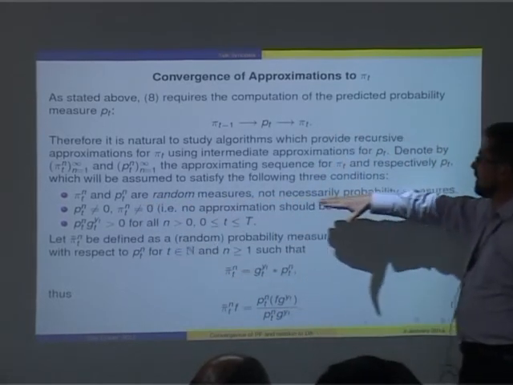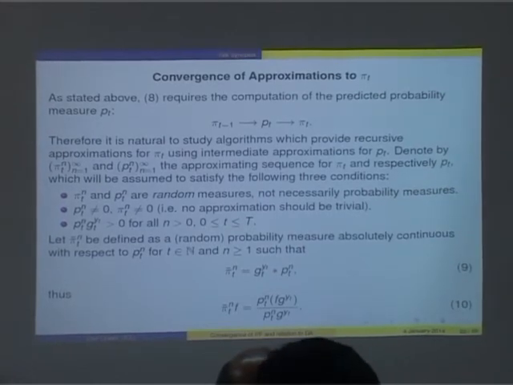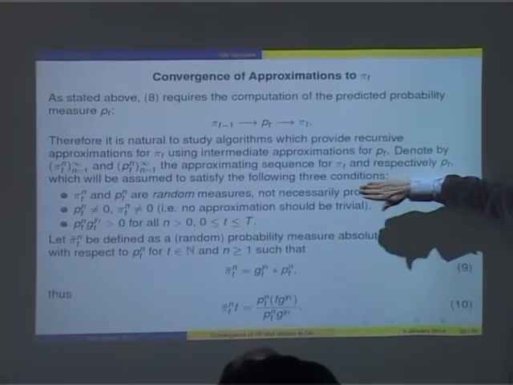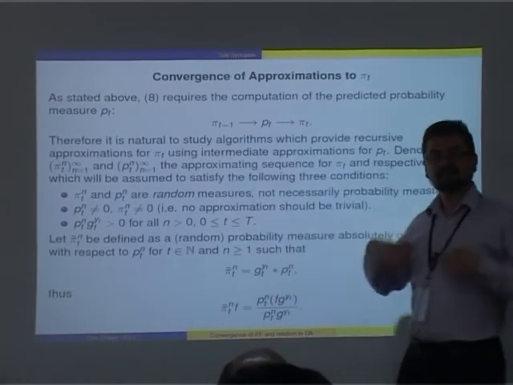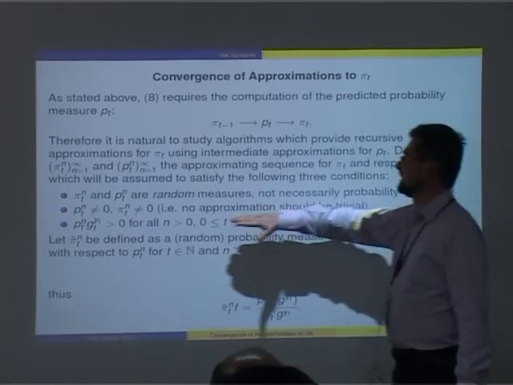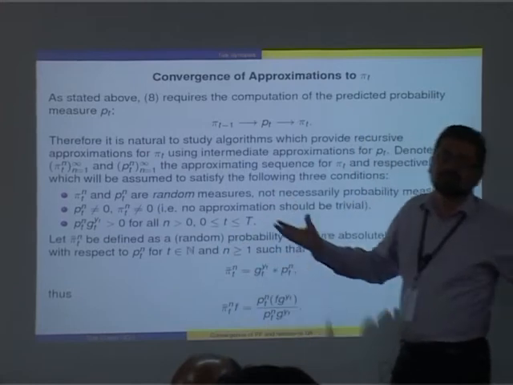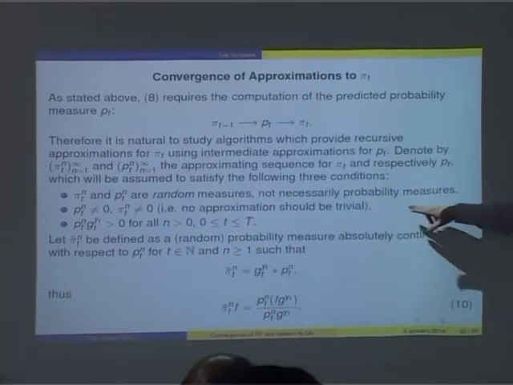I'm saying here not necessarily probability measures, but if you are not comfortable with that, then just ignore that. This is just saying that the theorem works even when the approximations are not necessarily probability measures, but just measures, positive but finite measures. And I'm saying that none of them should be 0, so you don't work with trivial approximations, obviously.